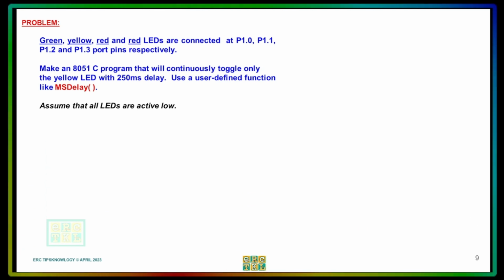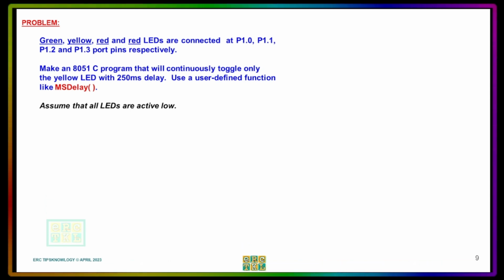So if you will approximate it, assuming that 10,000 is 1 second, then 5,000 will be half a second or 500 milliseconds. And 250 milliseconds is like 1/4 of 10,000, so that would be like 2,500.